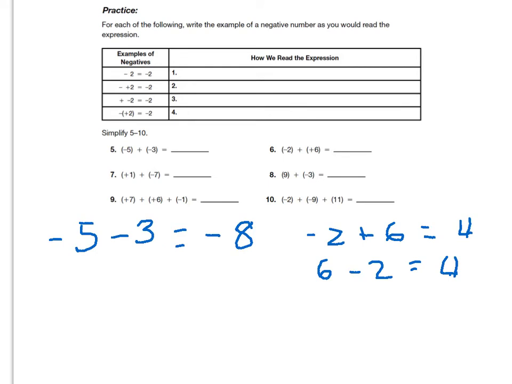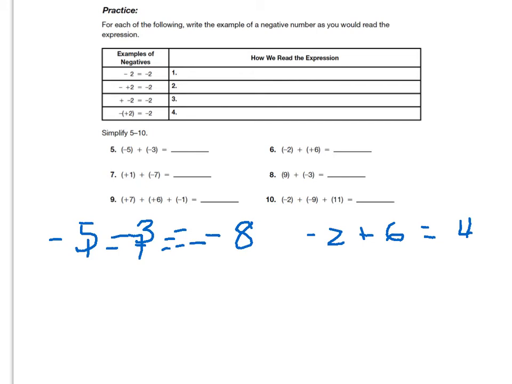Continuing on to number 7, we have a lot of parentheses which are not accomplishing anything, so we can immediately get rid of them. We don't need a plus sign in front of our 1, so we just write 1. The plus and the minus, remember, only one sign is necessary, negative wins. So now we have 1 minus 7. We can't rearrange that to make it easier like we did the 6 and the 2 because the negative in this case is bigger.